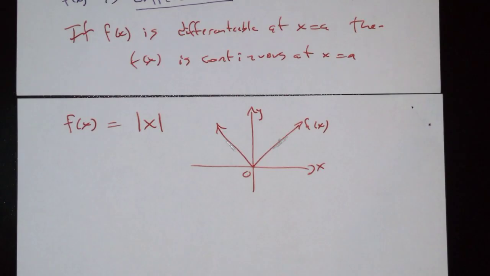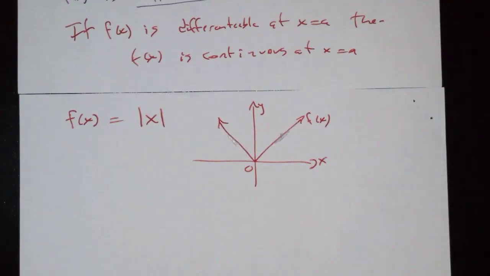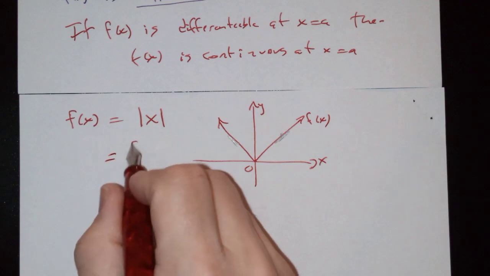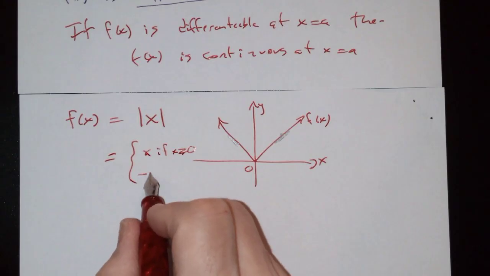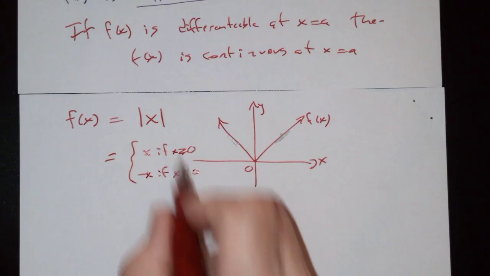What about at zero? If I try and take a tangent line and I approach from the right side, I should be going in a positive direction. If I approach from the left side, I should be going in a negative direction. As a matter of fact, if we write out our derivative, we'll have to do it from each side because this function is defined in two pieces.